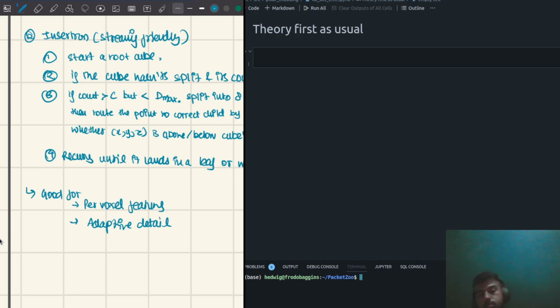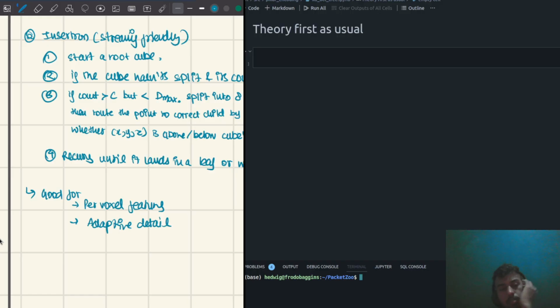Here's our node A, and then underneath this, we have 4 child nodes, B, C, D, and E. Just like this.